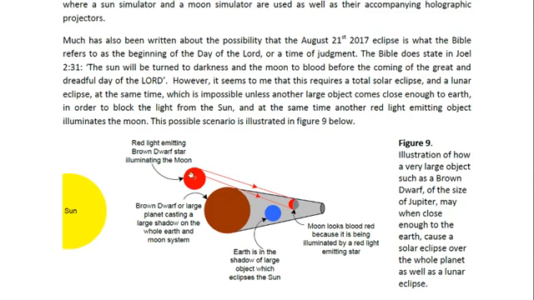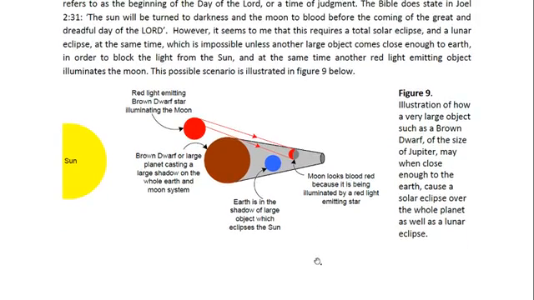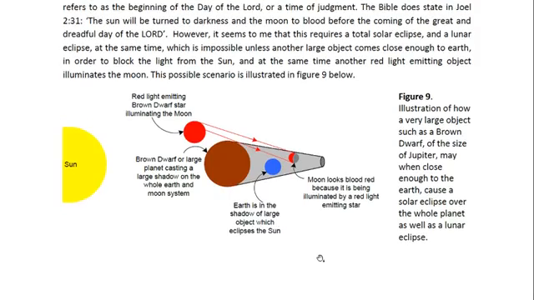And if this object emits red light, then the moon would look red. If this object is large enough, then from Earth we wouldn't be able to see the sun. So it would look like the sun is being eclipsed. So this is one of the scenarios that I think could produce what the Bible calls the sun turned to darkness and the moon to blood.